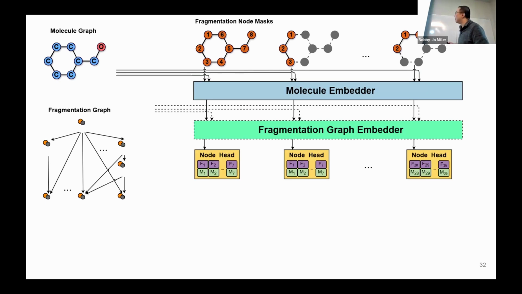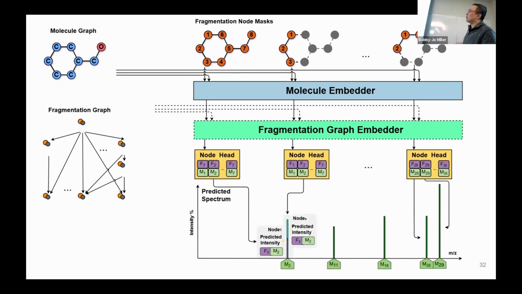We put a node-level multilayer perceptron on each individual node, and each node outputs the probabilities of this particular formula.